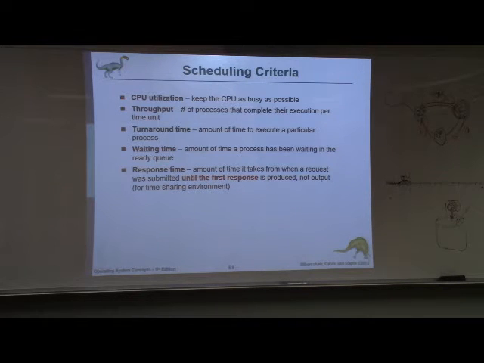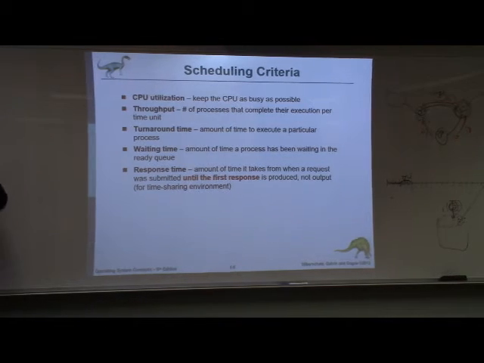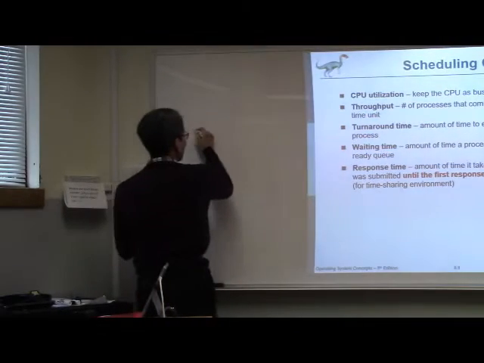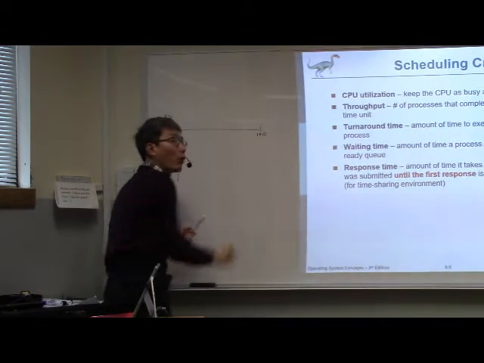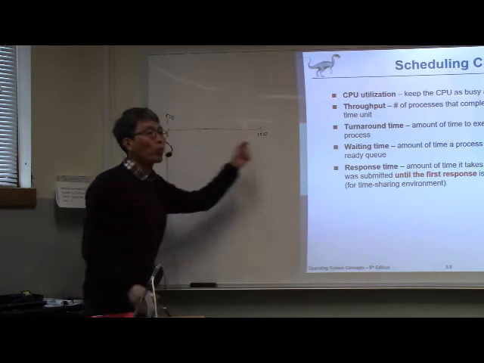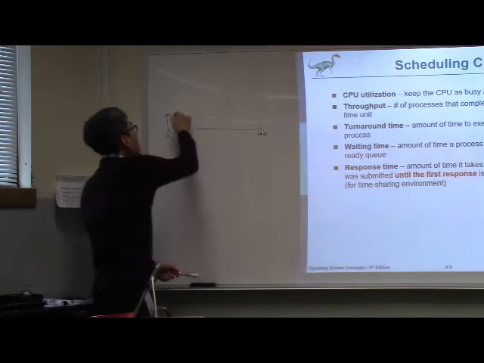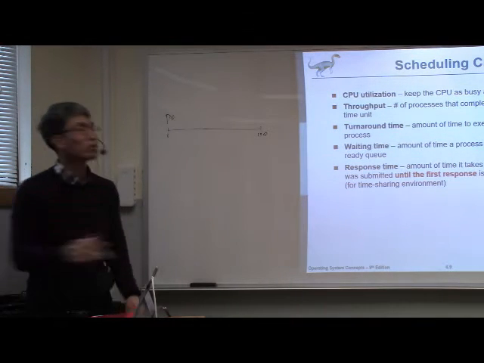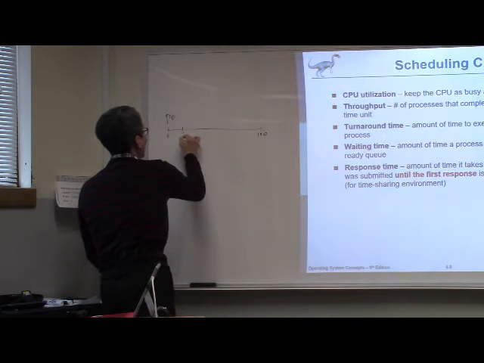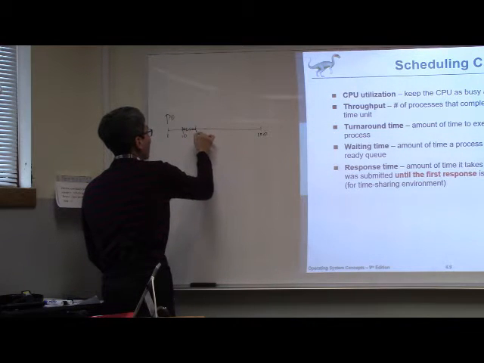Waiting time is, if you have a process like P0, it started at time 0, runs and finishes at 100. However, during that time from 0 to 100, P0 cannot take all the CPU resource. For example, wait 10 microseconds and take the CPU until 15.